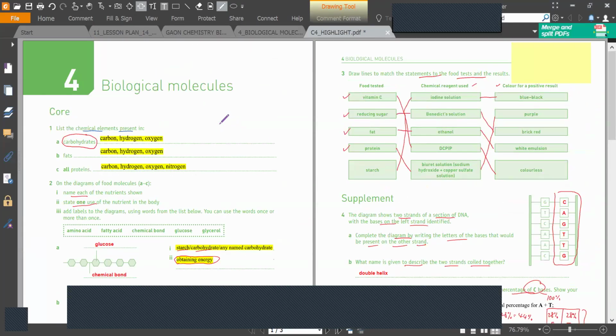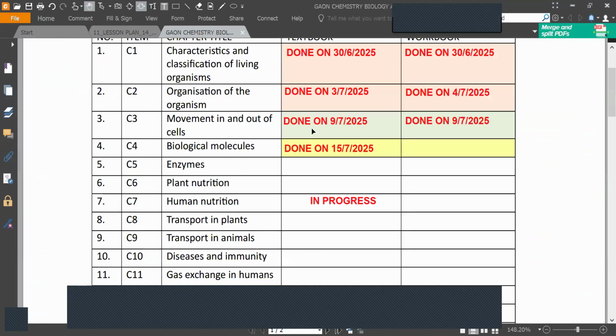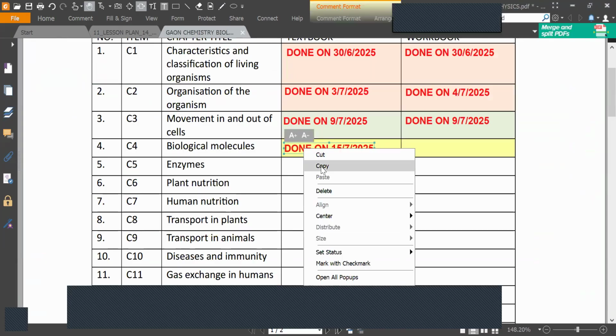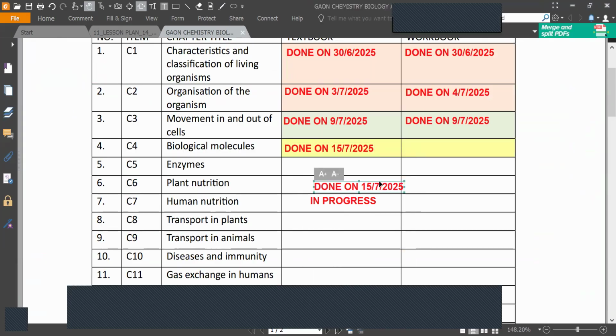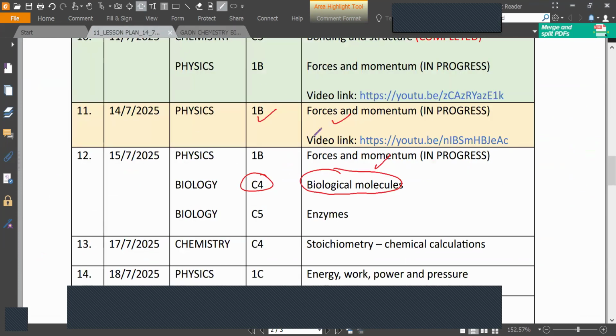Practice questions for this unit 4. So it's done. So this unit 4 is totally done. Now we will move on to unit 5 of biology.